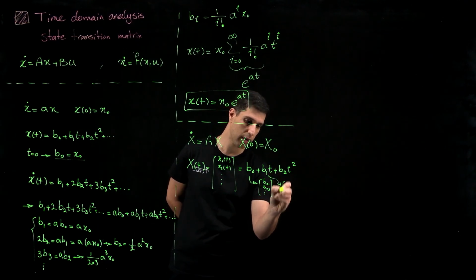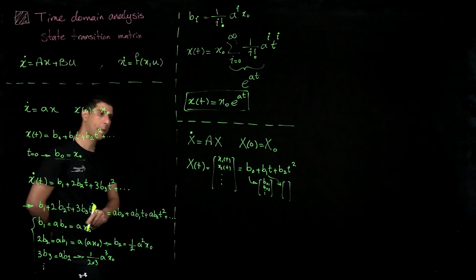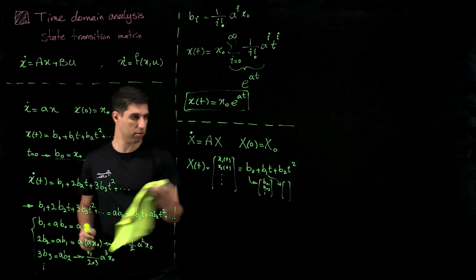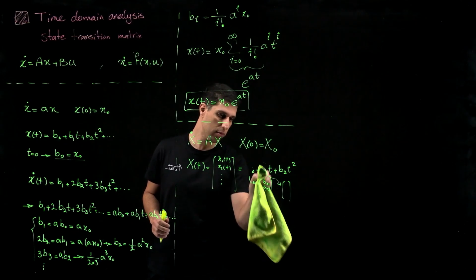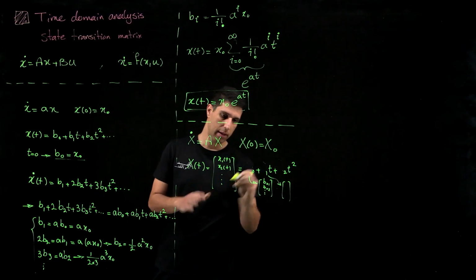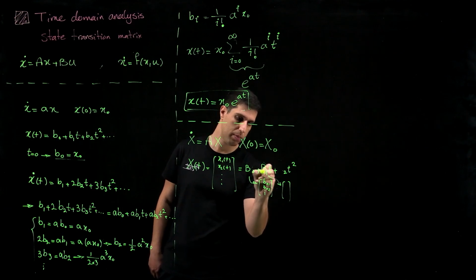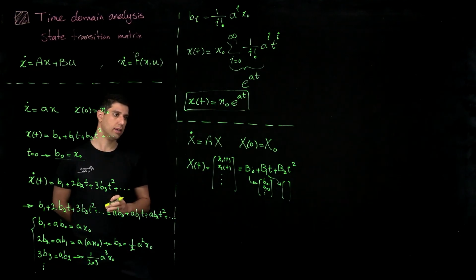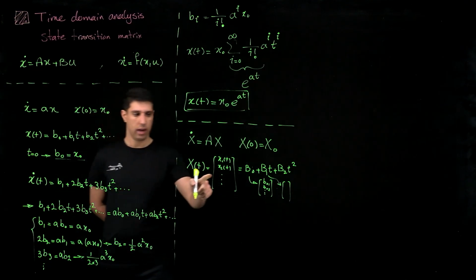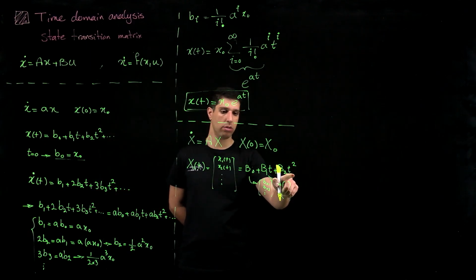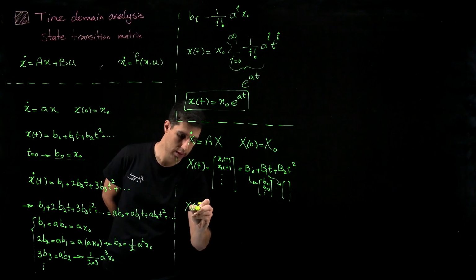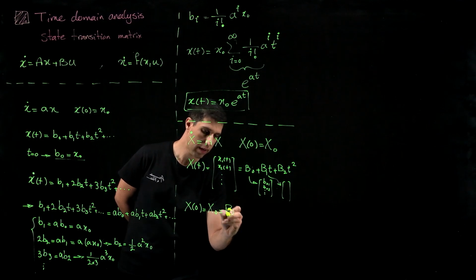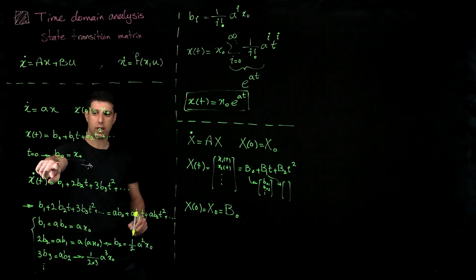All of these are vectors now. Maybe I can write it as capital B naught, B1, B2. Okay, that's better notation. So at time 0, x of 0, which is my x naught, will turn out to be the vector B naught. Same thing I had here.